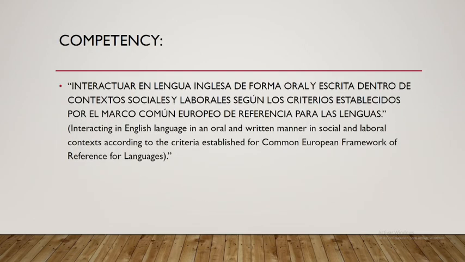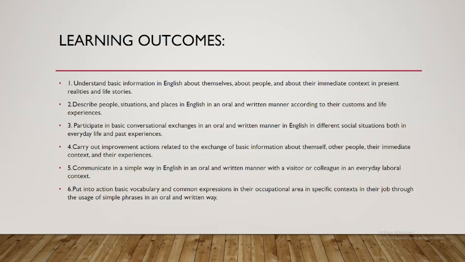Also, the guide doesn't really contain all the knowledge that is necessary to achieve all of the learning results. The competency and the learning outcomes emphasize the exchange of information in personal and laboral situations, but the contents of the guide only really apply to personal situations, not really to laboral ones.